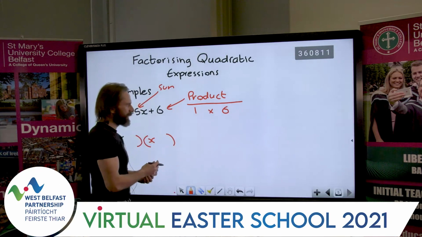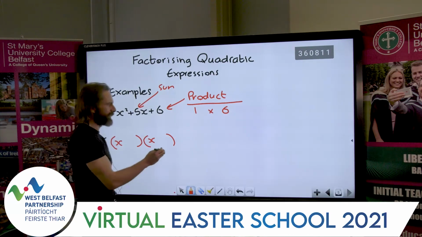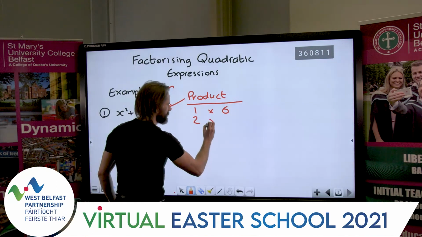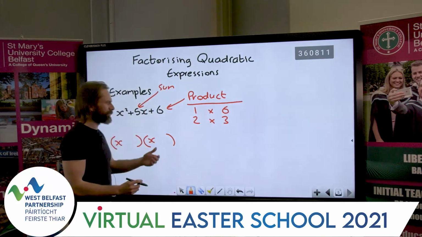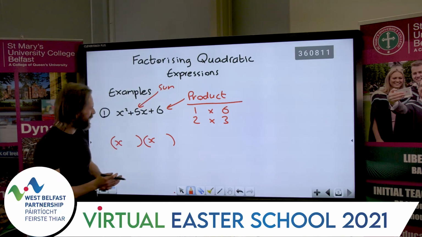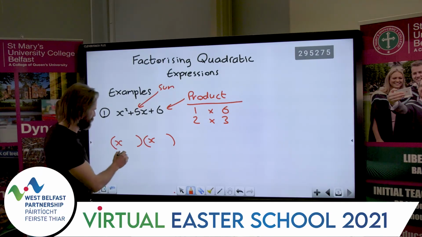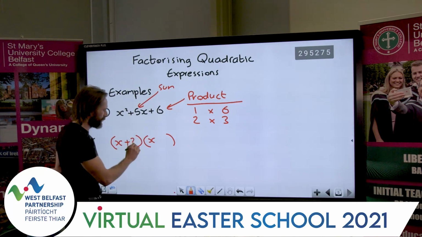The next pair of numbers that multiply together to give me a product of 6 would be 2 times 3. So if we look at 2 times 3, okay, well, 2 times 3 definitely multiplies together to give me 6. Would 2 and 3 add together to give me 5? Well, they do. So that is going to be the numbers that go into our brackets. So it'll be plus 2 and plus 3.